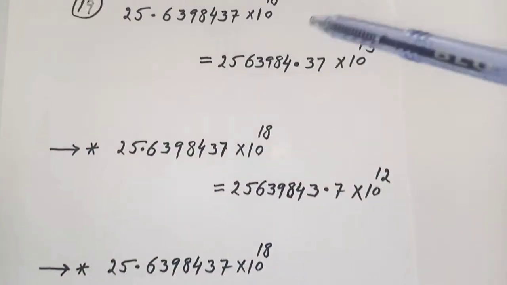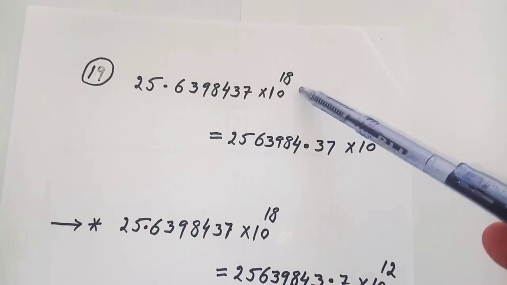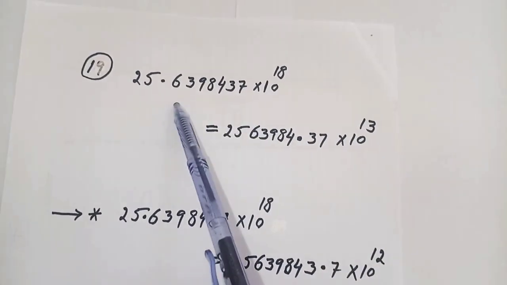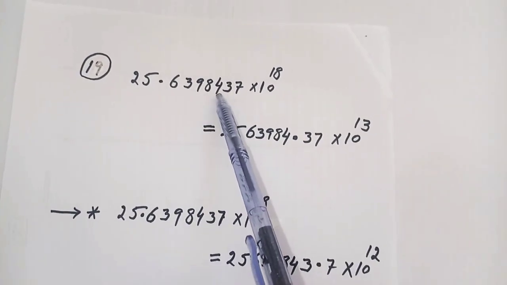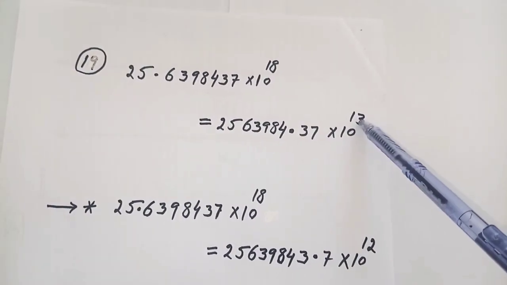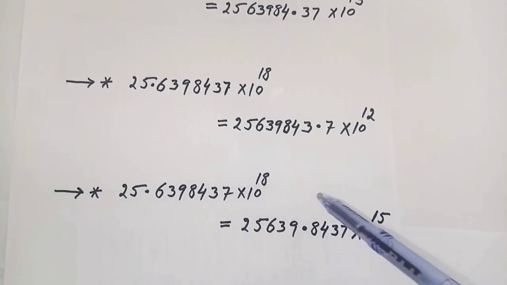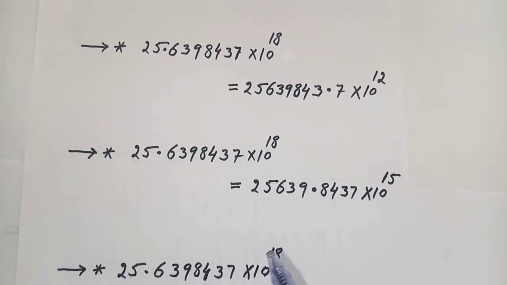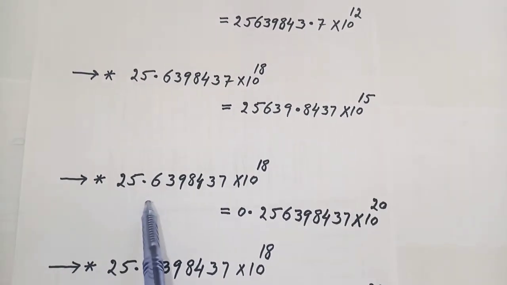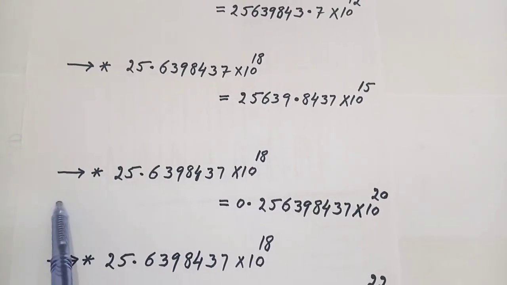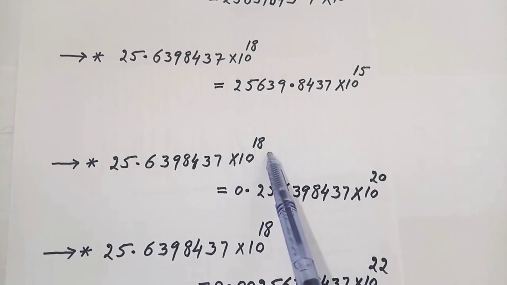So for a positive power, this is a positive power 18, if we shift the point in this direction, this power will decrease like this, like this, like this. And if we shift this point in this direction, then this power will increase like this.